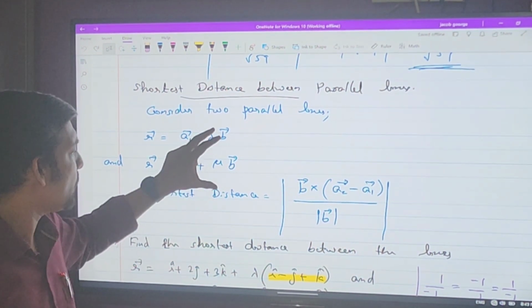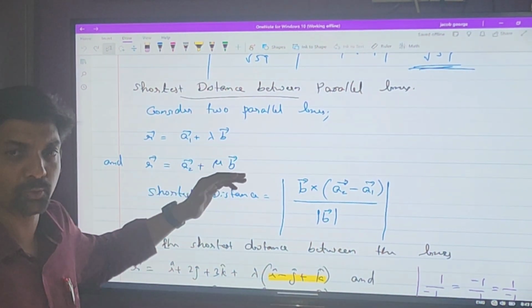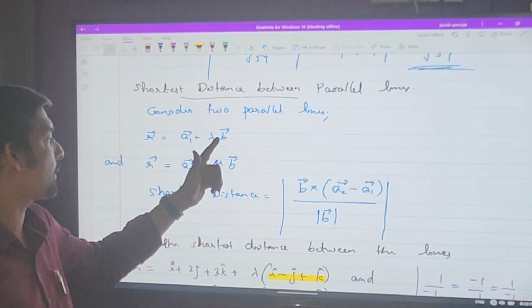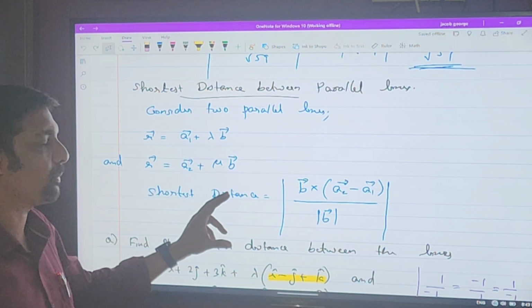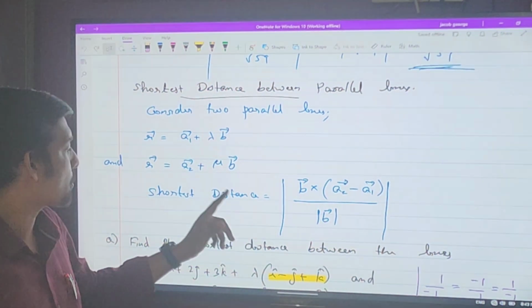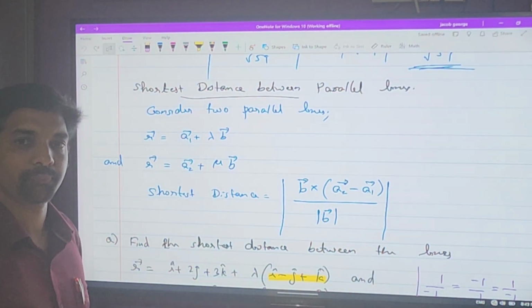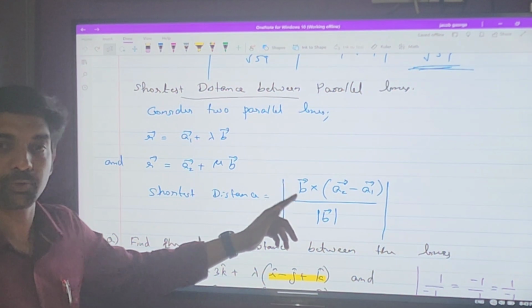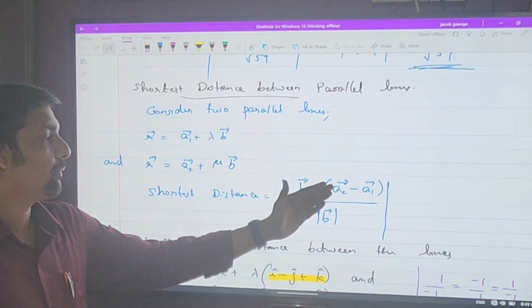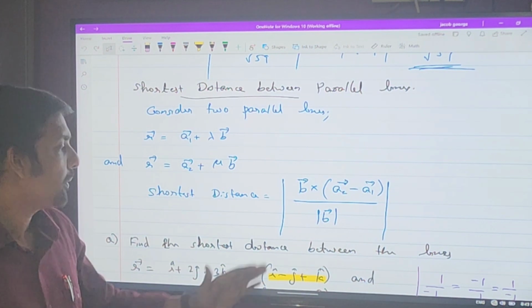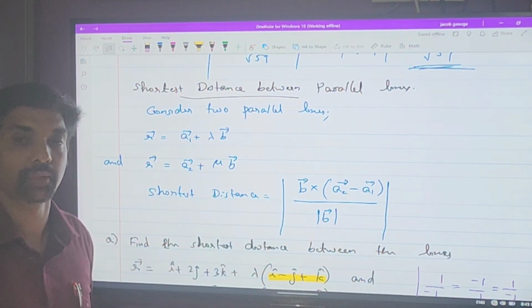So there is no difference like b1, b2 as in skew lines. These two are the same vectors or proportional vectors. So in the formula also that will reflect: shortest distance is modulus of, in place of b1 cross b2, it is vector b. Vector b cross vector a2 minus a1 by modulus of vector b.